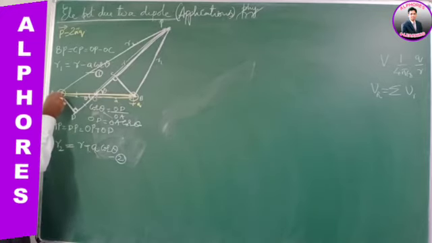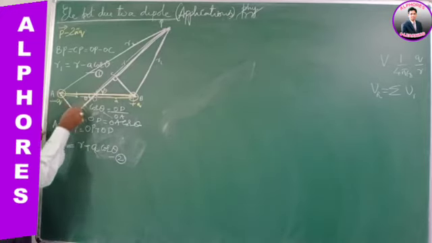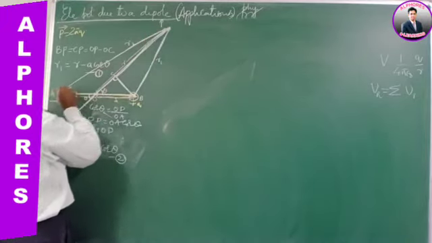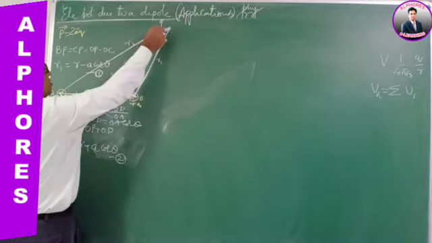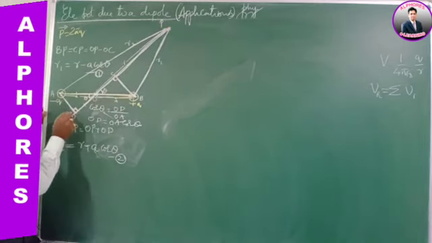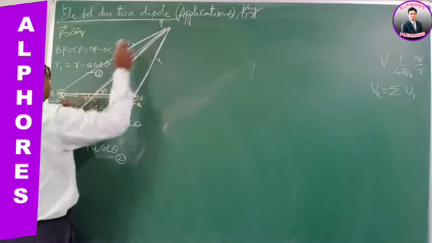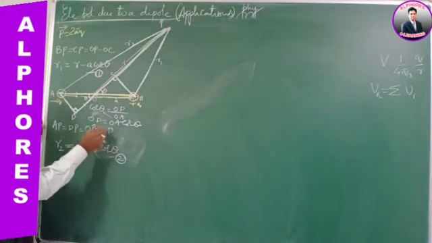Similarly, the distance from this charge: extend OP and drop a perpendicular like this. Then the distance AP, R2. The distance AP is equal to DP. But what is DP? The total distance is OP plus OD.